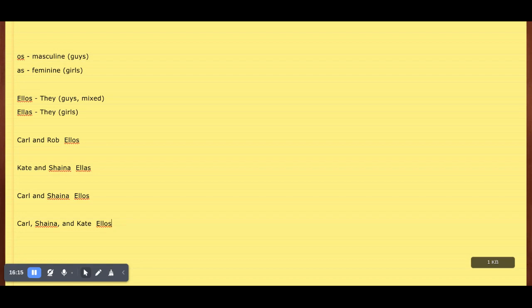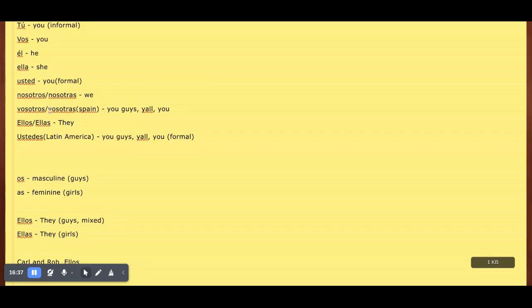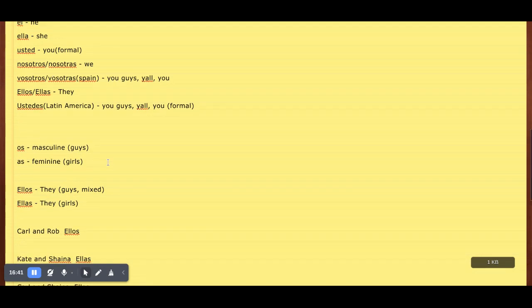In fact, I really like this example that was given to me by my middle school Spanish teacher, in which he said that you could place 99 girls in one room and one guy, and the way to refer to them would still be ellos. We would say ellos if we wanted to say they. Anytime there's at least one guy, it's going to be ellos. And the same goes for vosotros versus vosotras and nosotros versus nosotras.